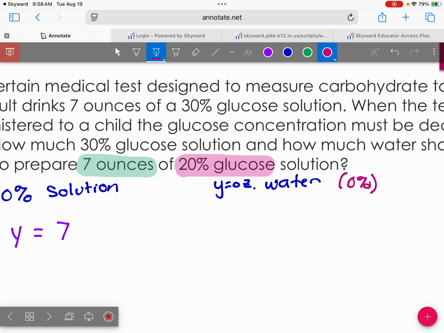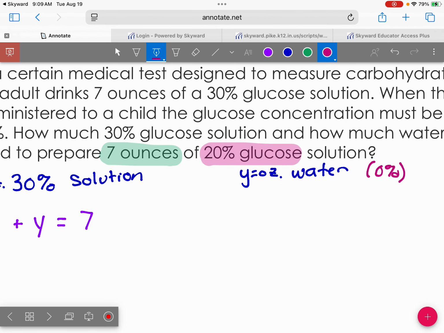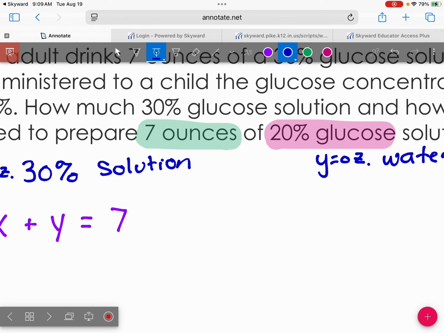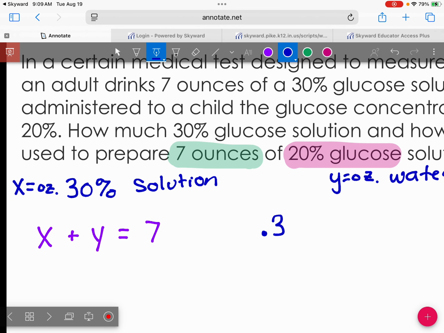But the amounts matter. So if we have our 30% solution, you can do that as 0.3 for 30%, or you can think of it as 30. I tend to think of it as a decimal, just because I'm used to thinking of 30% as a decimal. But it's going to be 30% of our X, this many ounces.